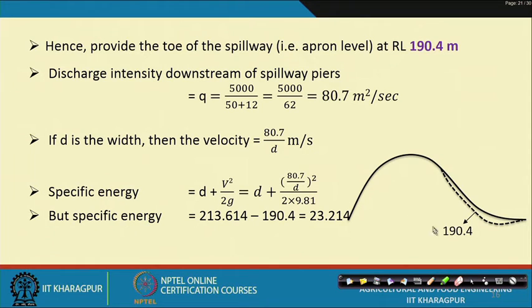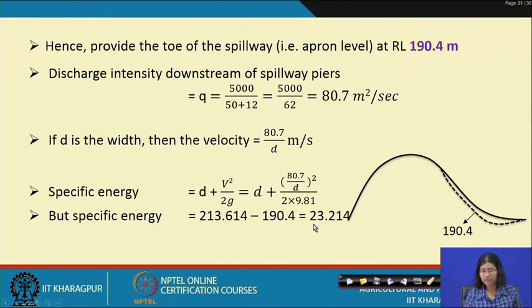Now, we are going for the stilling basin design. We need the specific energy, which is the depth plus the kinetic head, d plus v square by 2g, where g is the acceleration due to gravity. The specific energy of the spillway is 213 meter minus 194.4, so it comes out to be 23.214.